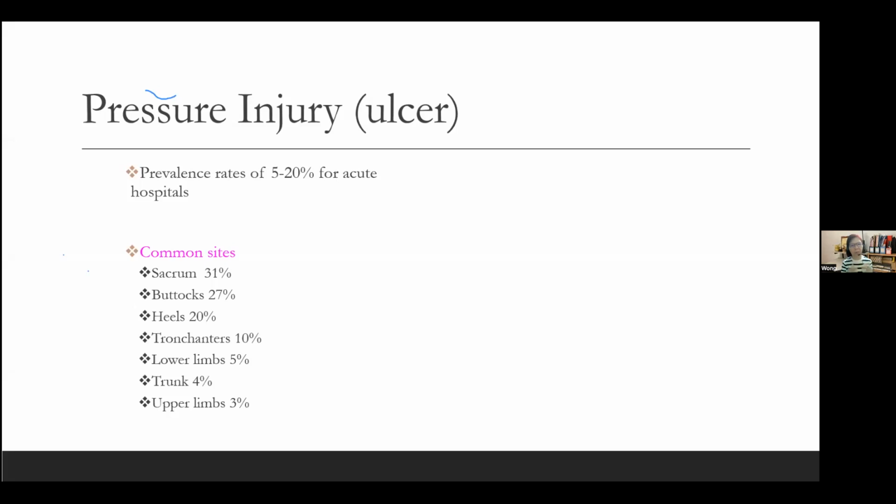Besides that, the trochanter at the side and the lower limbs are less frequent, but it happens also. Trunk is about 4% and the upper limbs about 3%, because most of the time the upper limbs can move a bit more. These are the common sites.